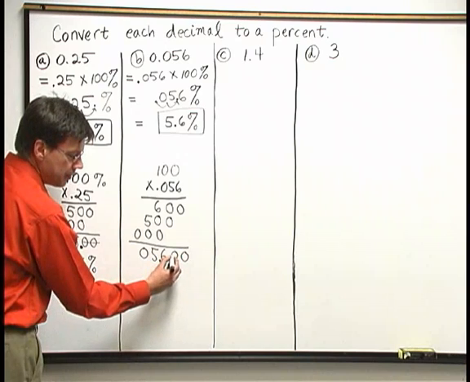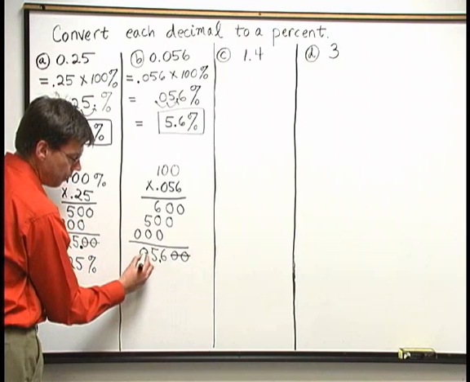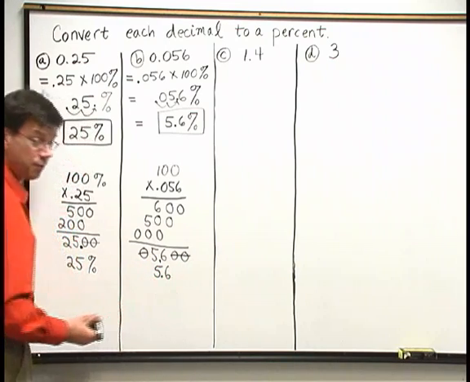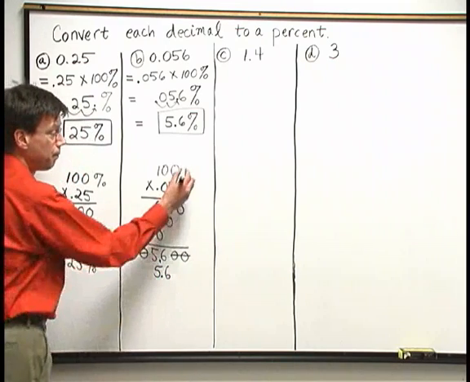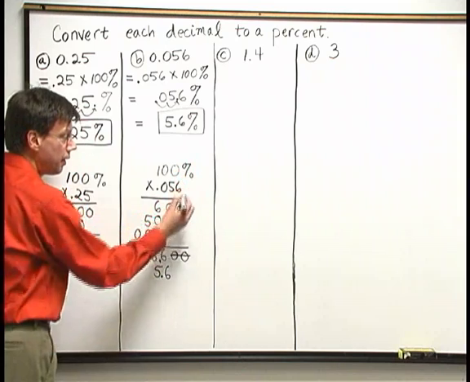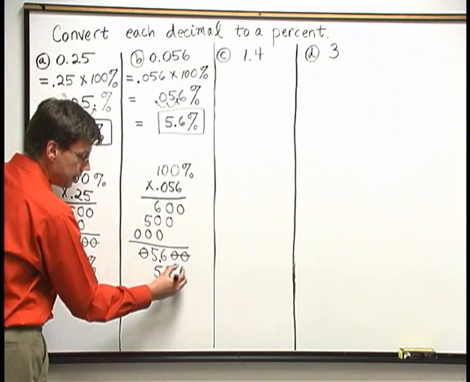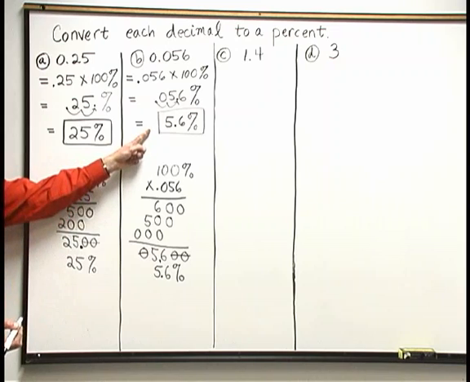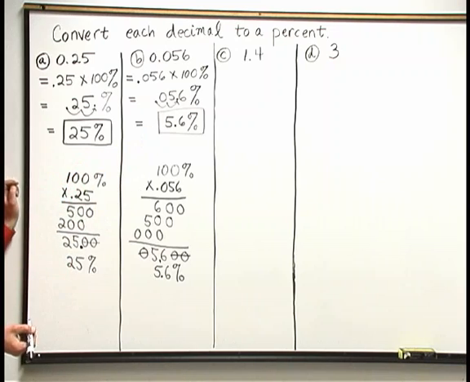Here I have unnecessary zeros on the right and the left. I just need to keep the 5.6 in my answer. Because I was multiplying by 100%, I end up with 5.6%. Same number we got using the shortcut.